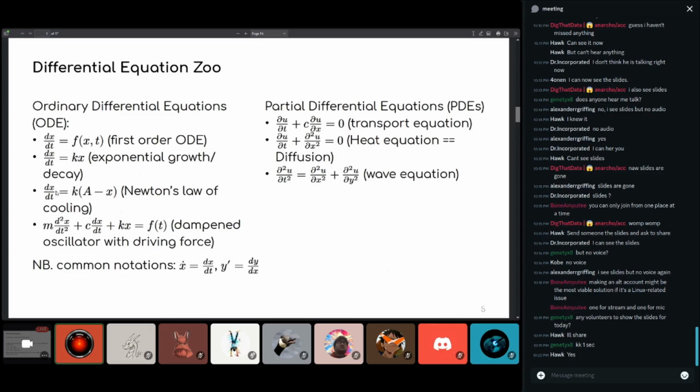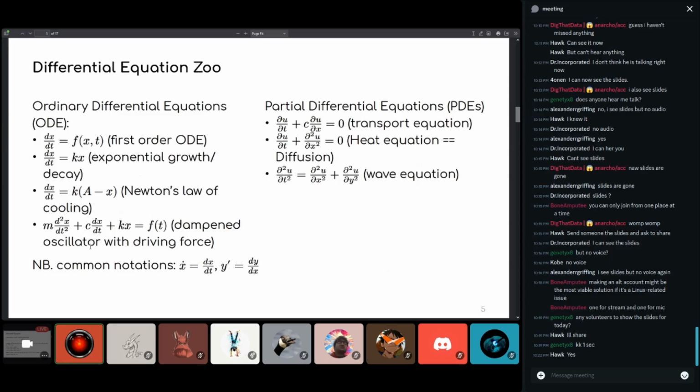If you add another order to the equation, like the last one here, we have a second order term, a first order term, kx, and then some f of t. That's a very generic form of what's called a dampened oscillator with driving force. The oscillator comes from the second order term.